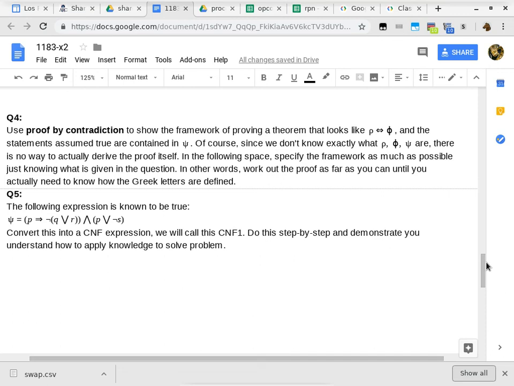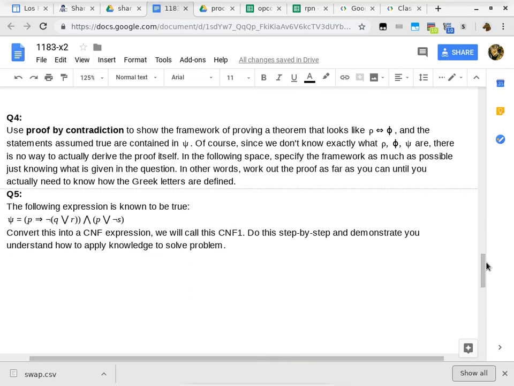In other words, the theorem that you want to prove involves something, if and only if something, okay? But what exactly is rho? What exactly is phi? I don't know, and it does not matter, okay? It just has that format. Is that okay? So the theorem that we want to prove is some kind of if and only if.